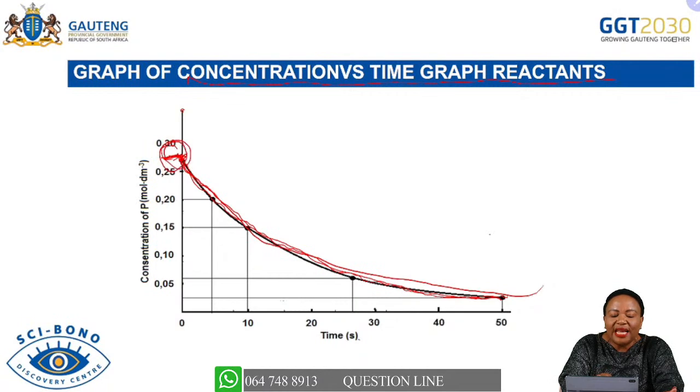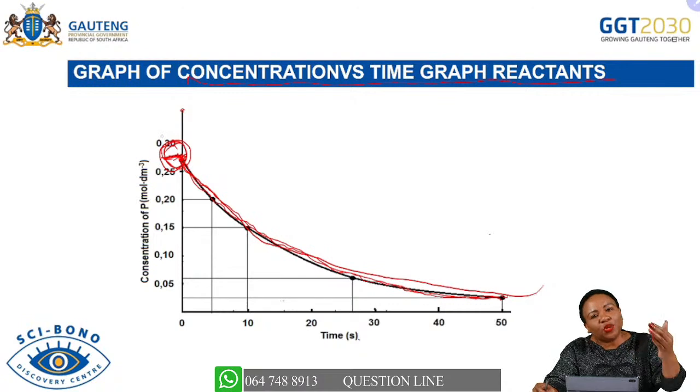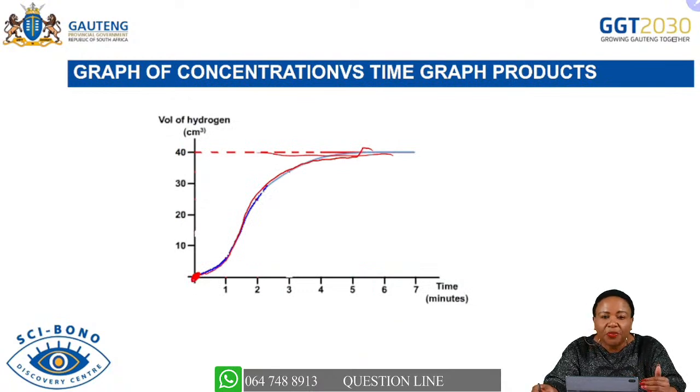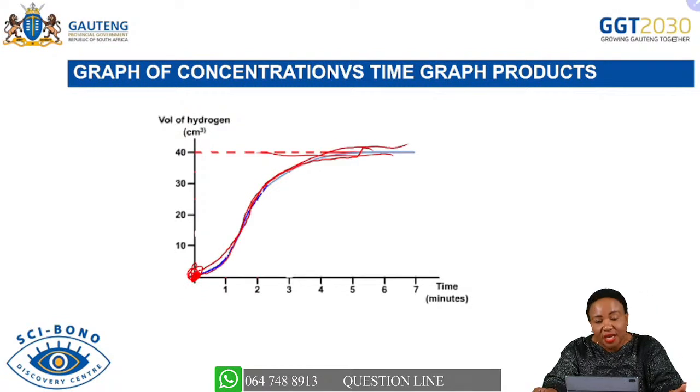Initially there were only reactants and there was no product. As the reaction proceeds, the concentration of the product starts to increase. Now this one was the graph that was representing our product, because we know that we started with no product, but as the reaction proceeded, the product concentration started to increase.